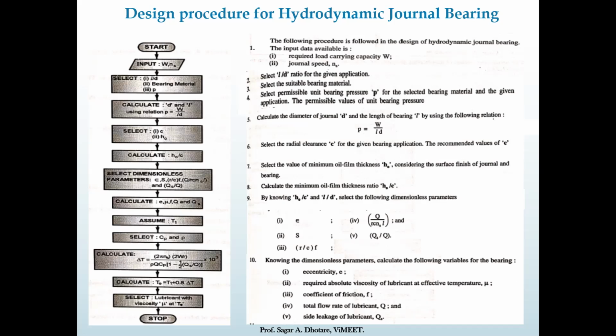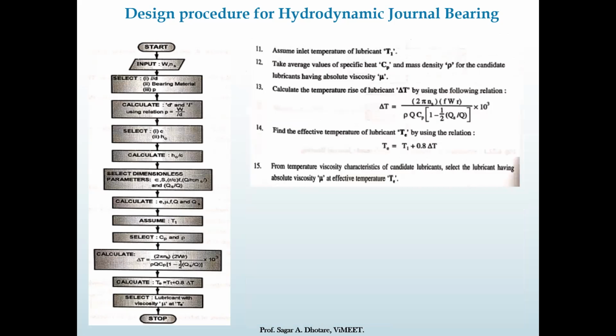Based on these equations 1, 2, 3, 4, 5, we can find the five parameters: the eccentricity, the absolute viscosity, the coefficient of friction, the total flow rate of lubricant, and the side leakage of lubricant.